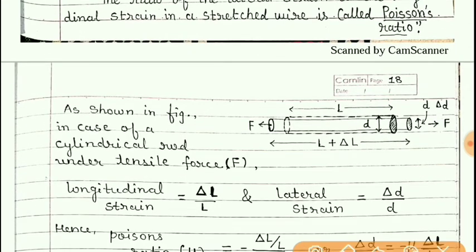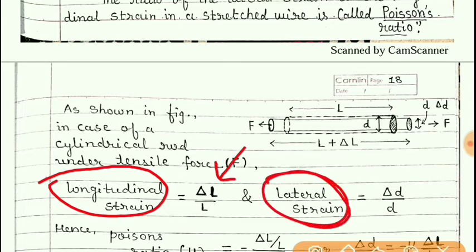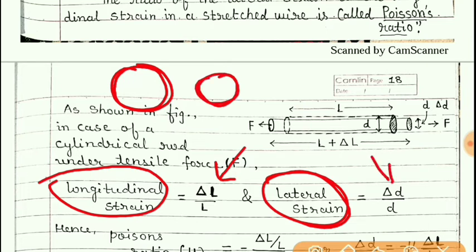And so it is clear that the longitudinal strain is given by delta L by L, that we have studied. And now lateral strain, what will happen? Earlier the diameter of the cross section was large. When it is stretched, the diameter will decrease. So change in diameter to the actual diameter, it is the ratio of this. This is called the fractional change in diameter.